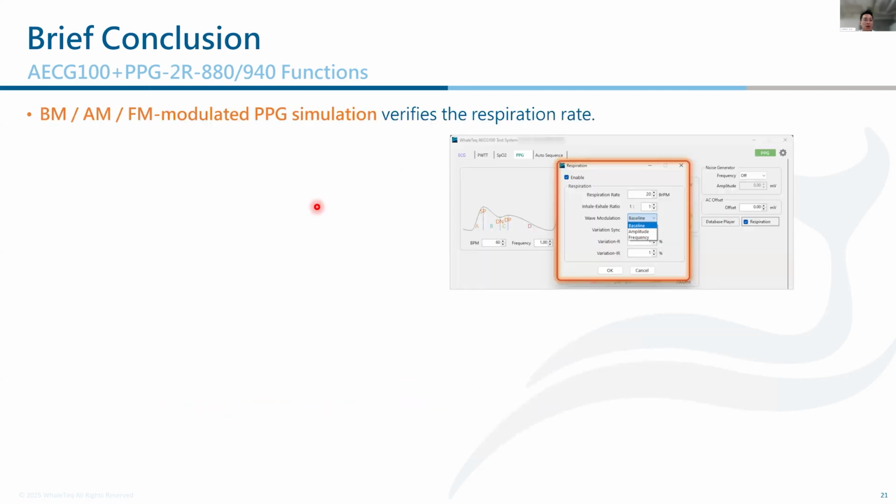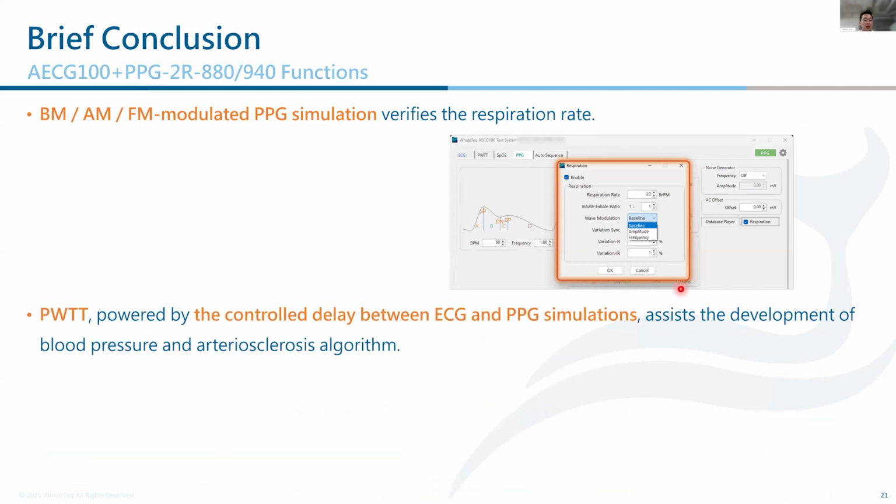So all the modulation can be simulated as well, for breaths per minute simulations, and also the ECG and PPG output simultaneously with controlled delay that can help with the blood pressure or arteriosclerosis algorithm.